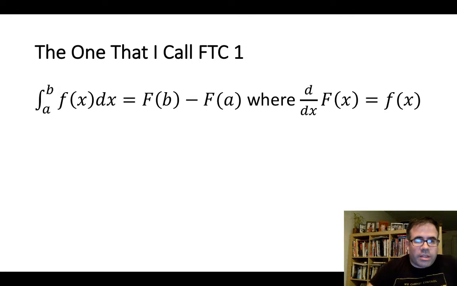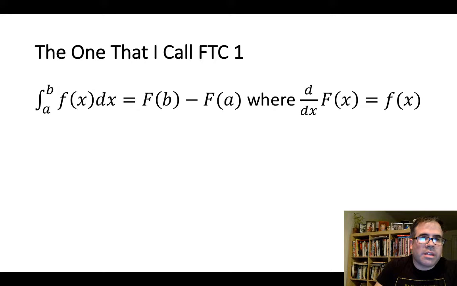This one I call the fundamental theorem of calculus 1, and you may notice that I have a preference towards it. So I call this one FTC1. The reason is not only that I think it's simpler to understand, I think its proof requires less to understand, and it is more important to recognize this form.